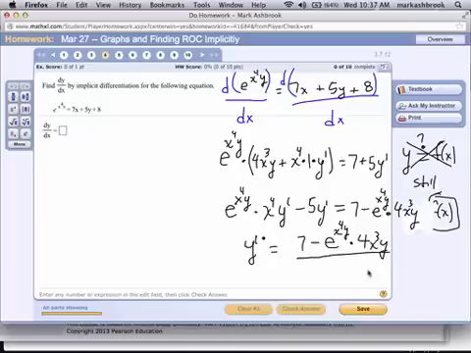So what will we have had over here? We'll have e to the x to the fourth y x to the fourth minus 5.